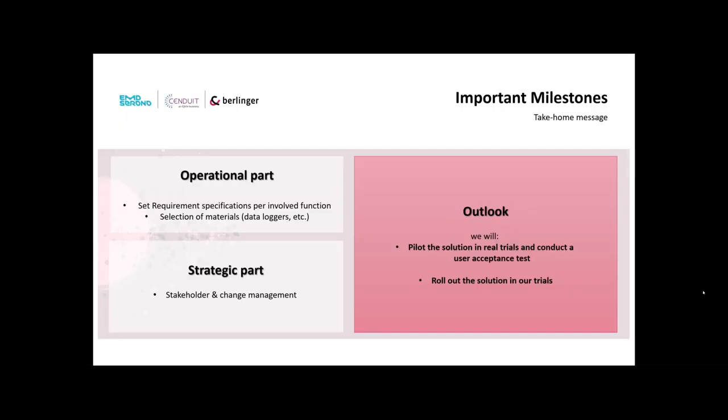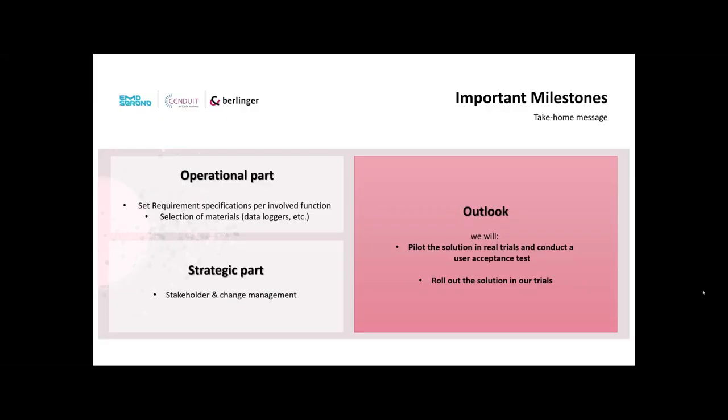So the outlook is, after we did all the work, set the requirement specification, defined our materials, performed successfully the usability trial, we will now test it in real trials, in real pilot trials. For sure, we still do a user acceptance test before we bring it live.